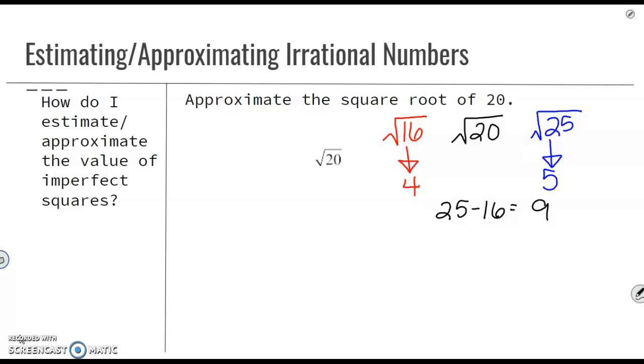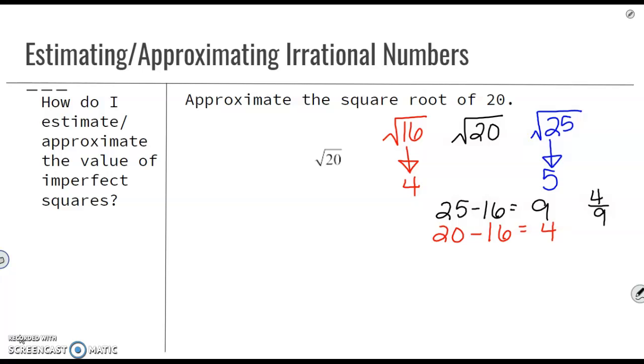After we have decided what our denominator will be, we are going to subtract our lower perfect square from our imperfect square. So we're going to subtract 20 minus 16, which is 4. So I know that 4/9 is the decimal portion of my estimated or approximate square root of 20.